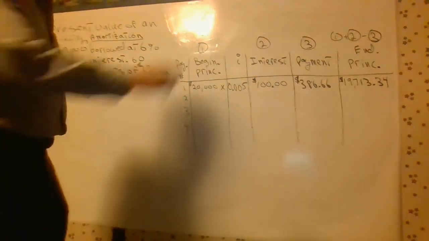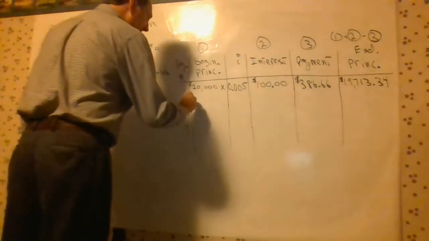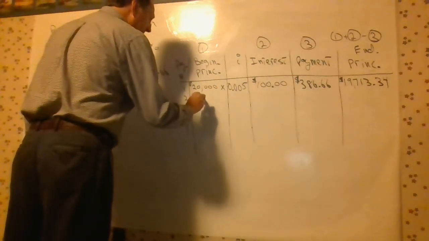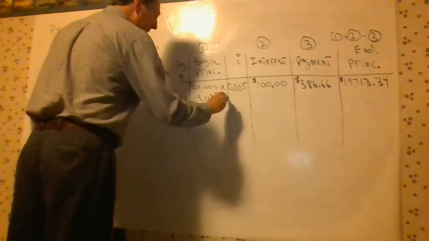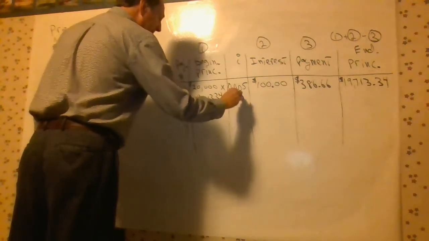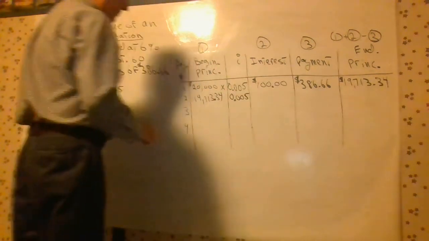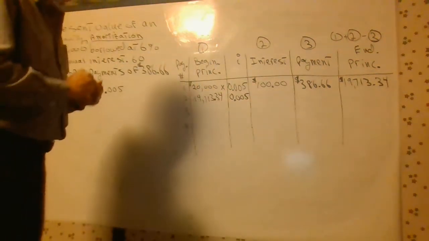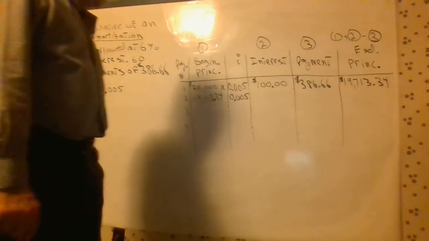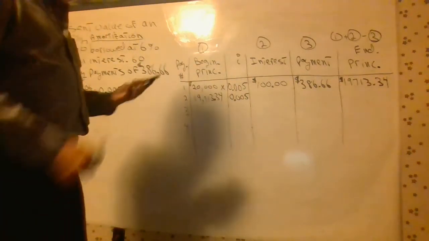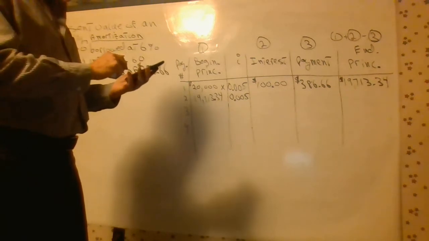Now the ending principal will simply bring down here, 19,713.34. The interest rate is going to be the same. Car loans are normally not adjustable rate loans. Mortgages can be, but car loans definitely are not.